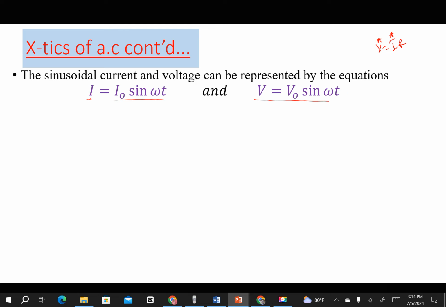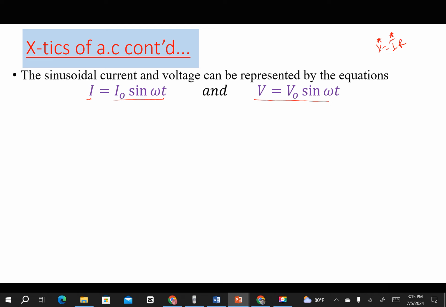I is the current at that particular time. I naught is the current when t equals 0. And omega is still going to carry the same meaning as it does in circular motion, simple harmonic motion, and other topics. It is going to be called the angular frequency. Then t is of course the time at that particular moment.